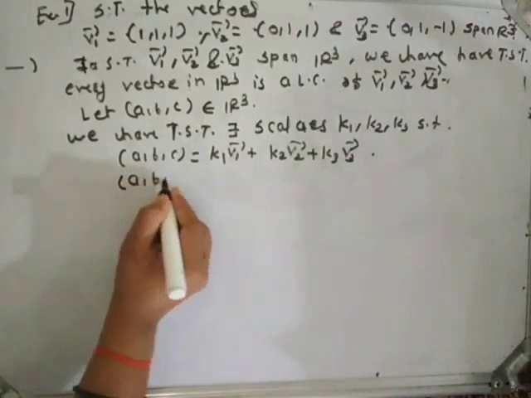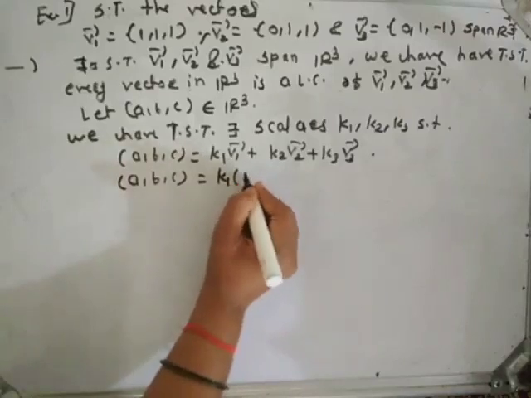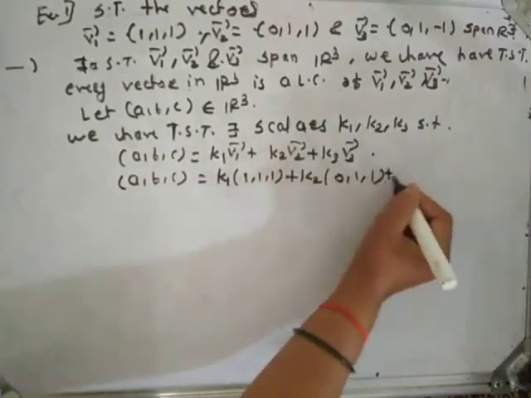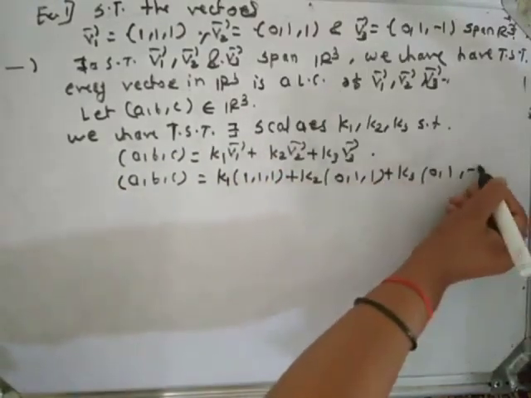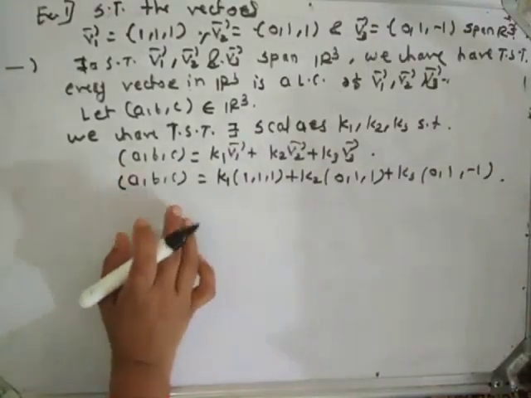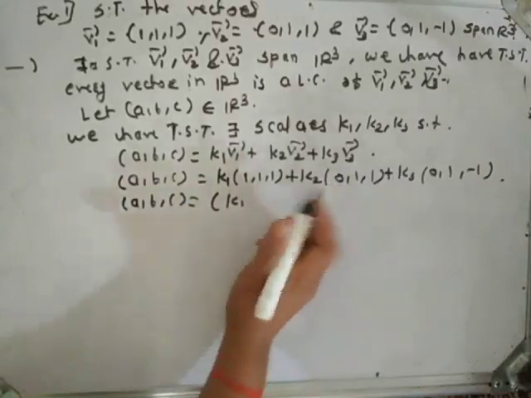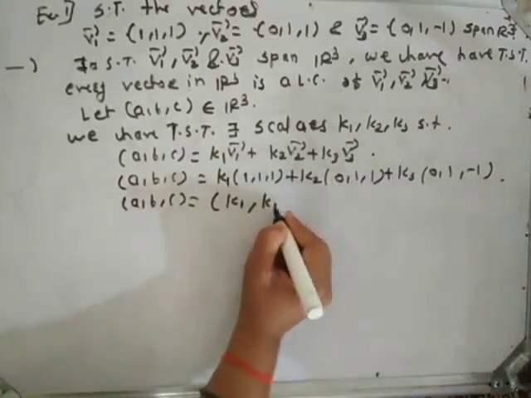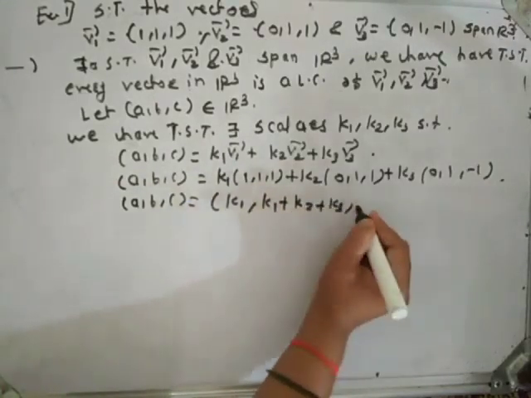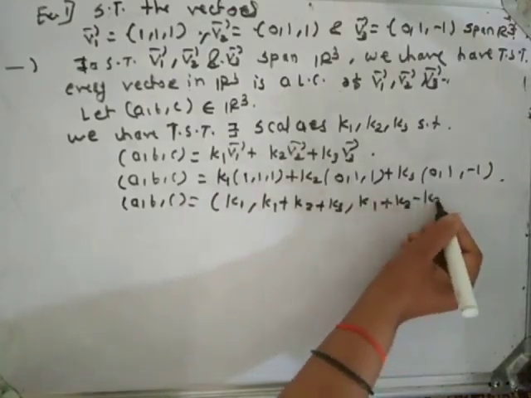Simplify this, we will get (A, B, C) equal to K1 times (1, 1, 1) plus K2 times (0, 1, 1) plus K3 times (0, 1, -1). Okay. Here we will get vector (A, B, C) equal to (K1, K1 plus K2 plus K3, K1 plus K2 minus K3).